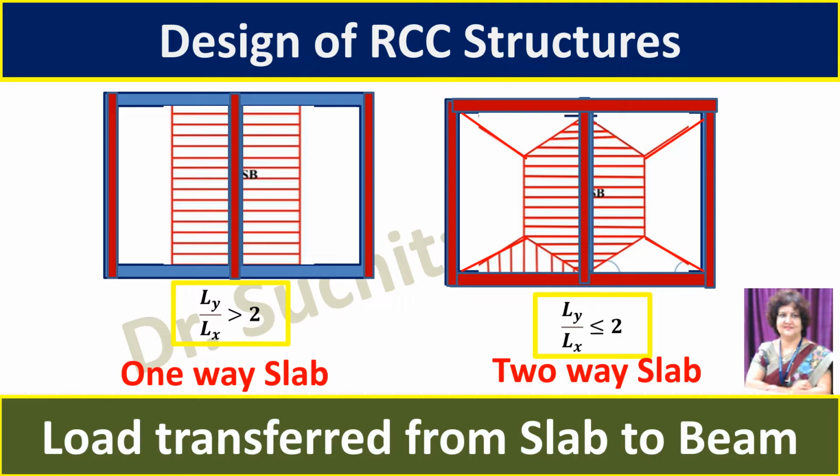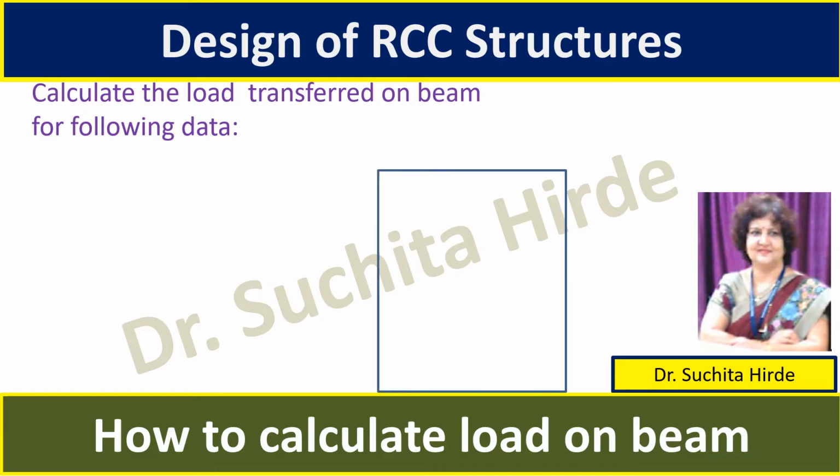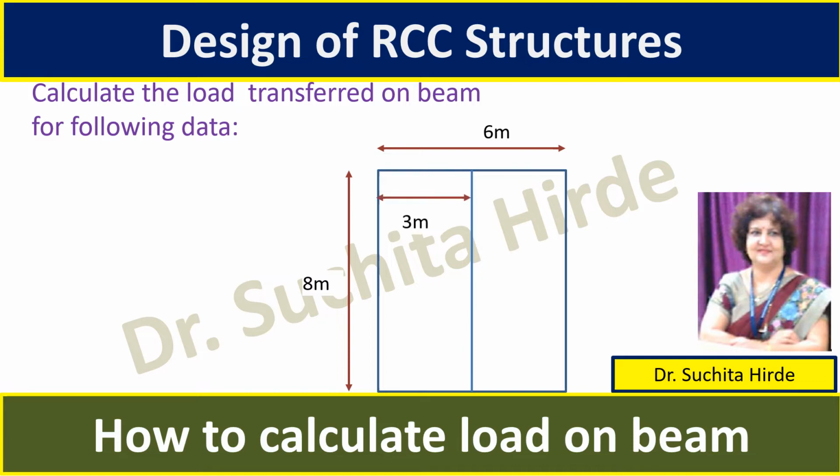So now we will actually calculate the load with the help of numerical example. Let us consider a slab having dimension 6 meter by 8 meter. Since it is a very large span, one more beam is there as shown in the figure. The beam divides the slab into two slabs.